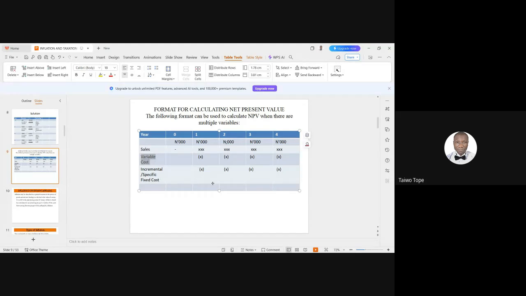So the difference between your sales and your variable costs and your incremental fixed costs will give you what? Profit.